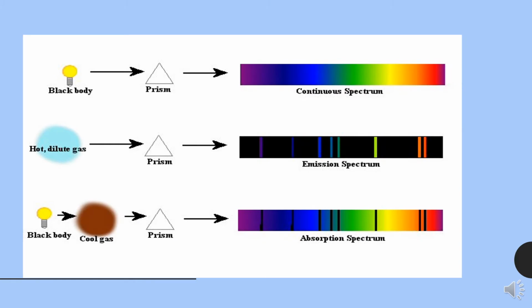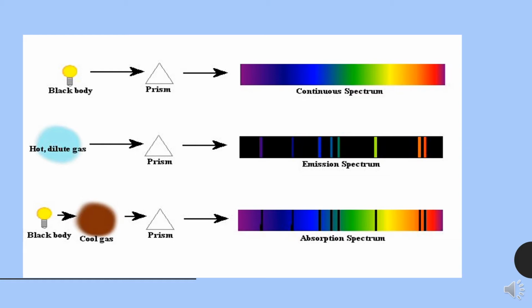Next we can have a quick recap of these three types of spectrum. For example, if you pass white light emitting from any source or a black body, because it emits all radiation, through a prism, you will get a continuous spectrum consisting of all 7 colors without any gap.